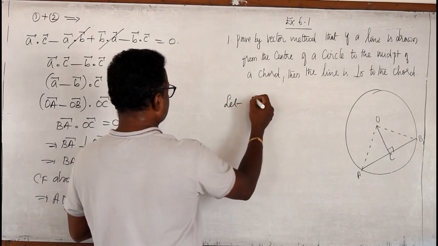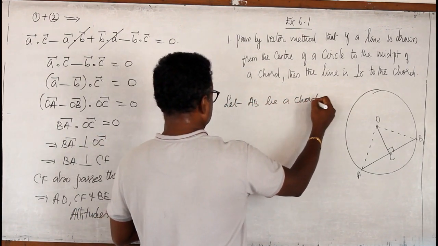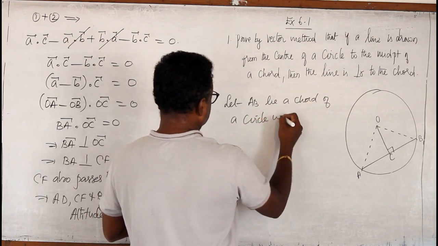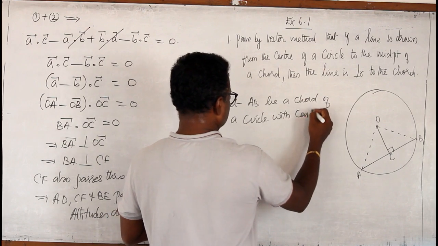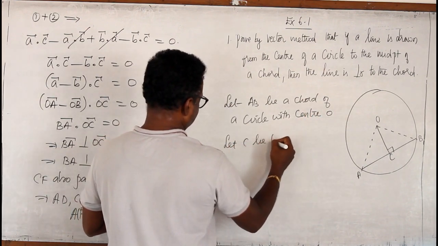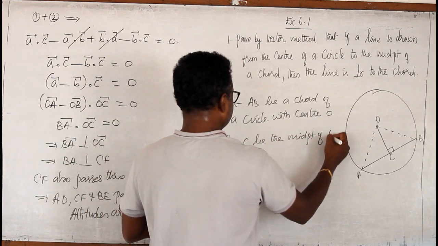Let AB be a chord of a circle with center O. Let C be the midpoint of AB.